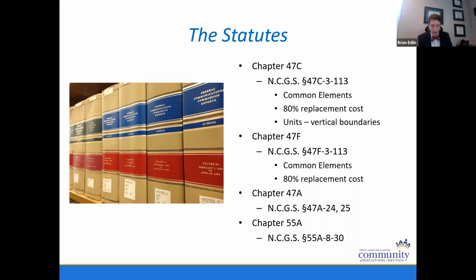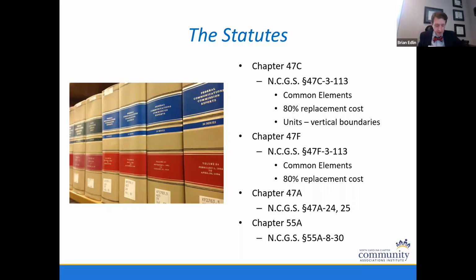Now, there are a number of other provisions in the Condominium Act as well, which we'll talk about. But 47F applies to planned communities and townhomes. Townhomes and planned communities are governed by 47F-3-113 when it comes to insurance.